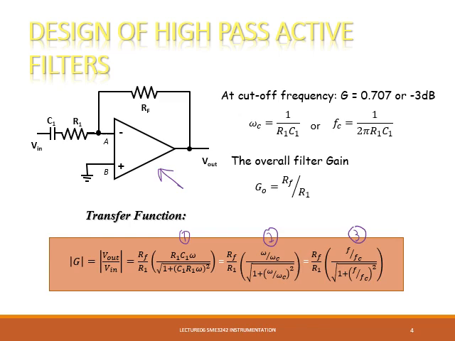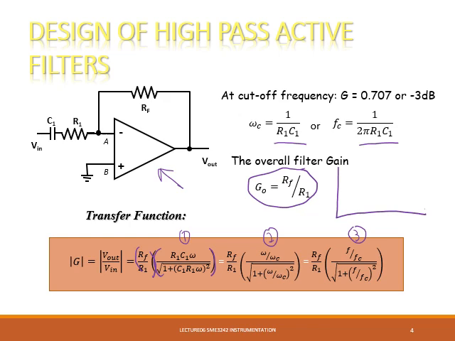You'll be able to calculate the cutoff frequency using 1 over R1C1 or 1 over 2 pi R1 C1. Again, same as the low pass filter, we have two parts. The first part is the amplification part, where RF over R1 defines the overall filter gain. And the second part defines the filtering effect.